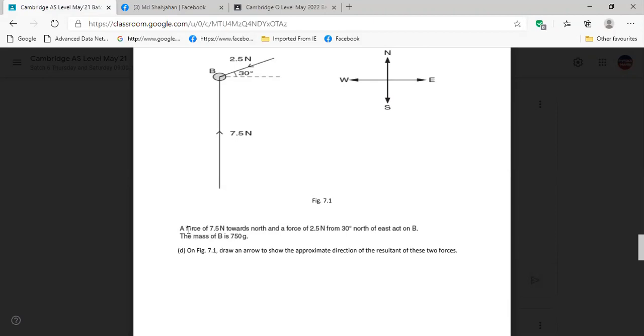So here we do not need to calculate. We do not need to do everything accurately. Just approximately, we should show the resultant of these two forces, and that we have to show on figure 7.1. So what do we have to do for this?